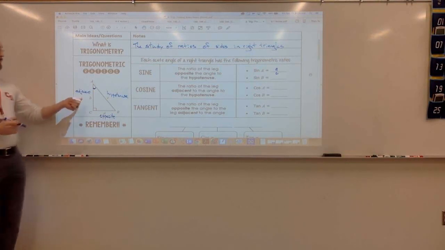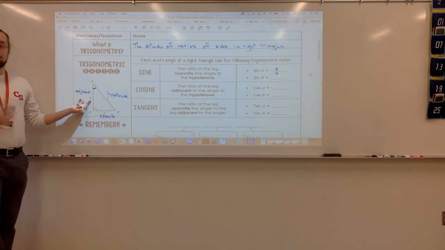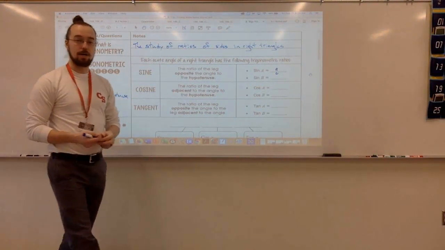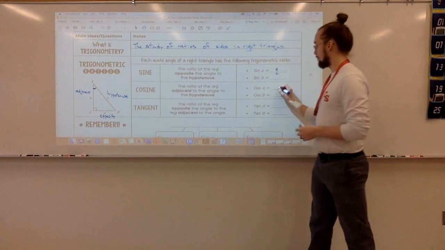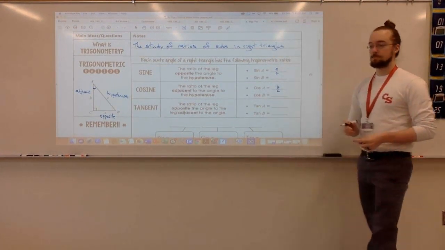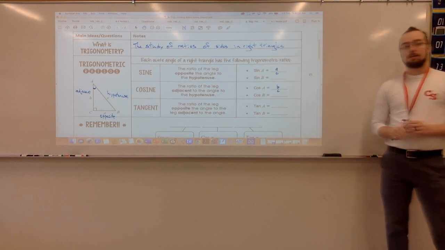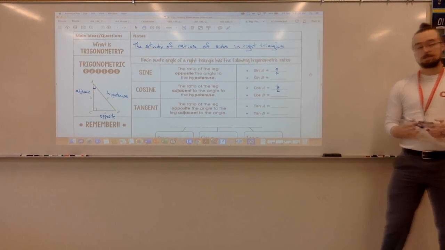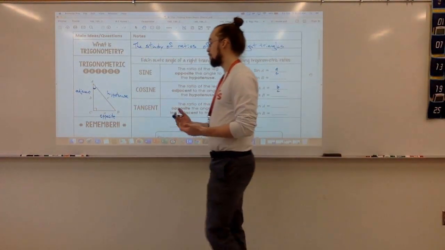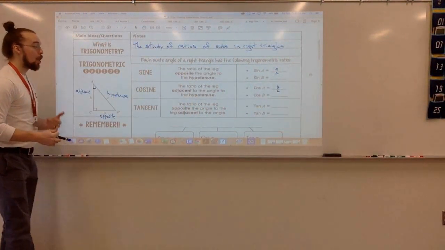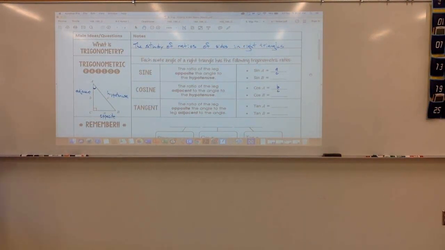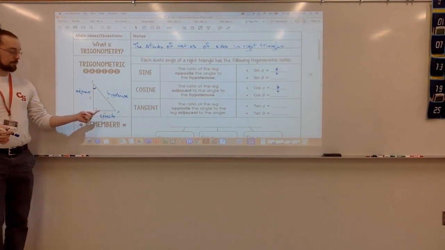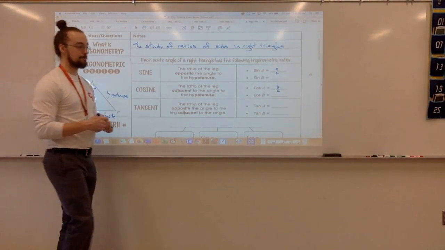So for this triangle, the leg adjacent is B, and the hypotenuse is C. So the cosine of angle A would be B over C. And then our third one, tangent, is defined as the ratio of the leg opposite over the adjacent. So for this one, that's going to be A over B, the opposite side over the adjacent side.